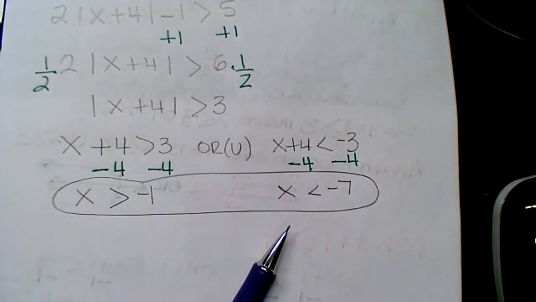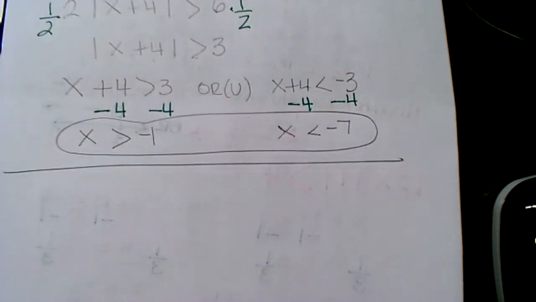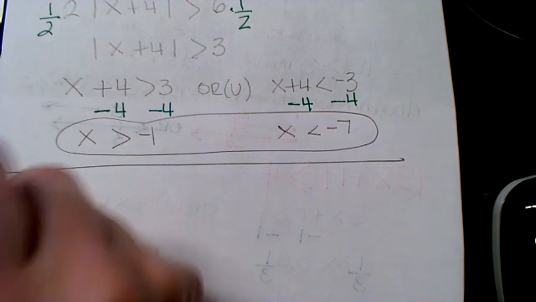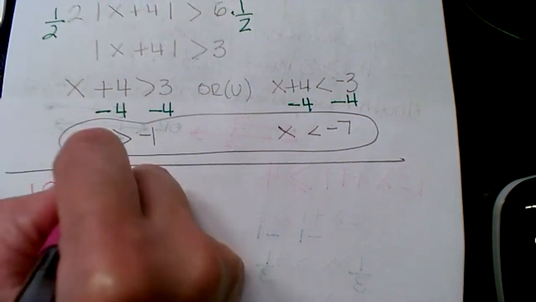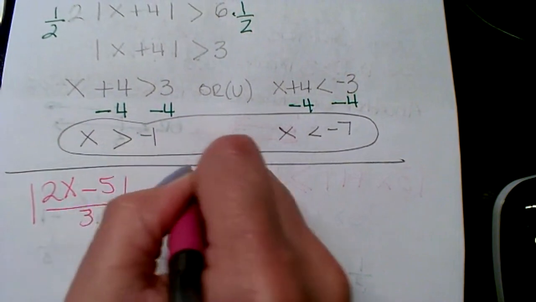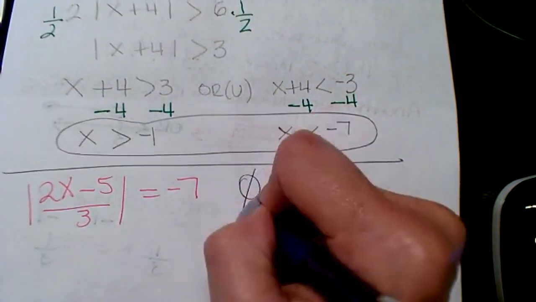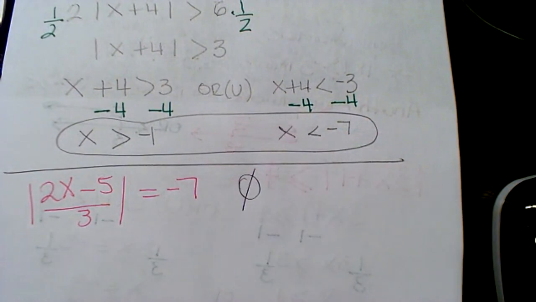And that's all I have for 2.7. For example, let me do another one here really quick. 2x minus 5 divided by 3 equals negative 7. This is impossible.